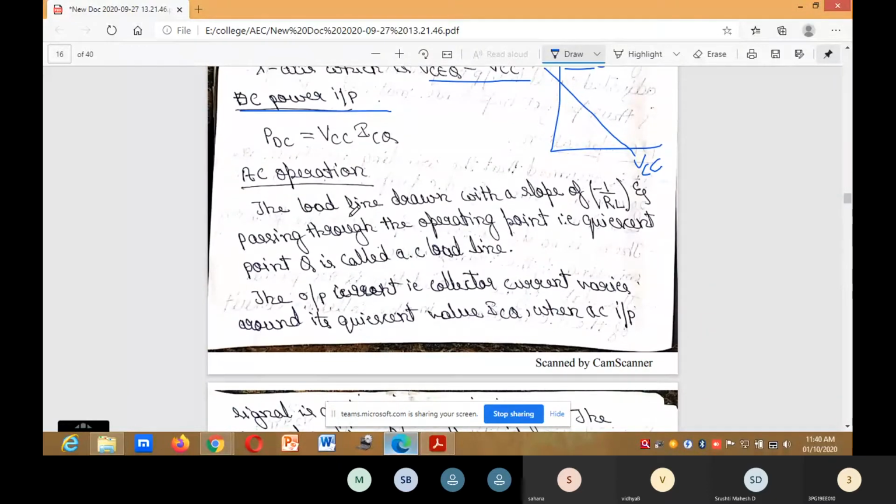AC operation. In AC operation, the load line drawn with a slope of -1 by RL and passing through the operating point Q is called the AC load line.